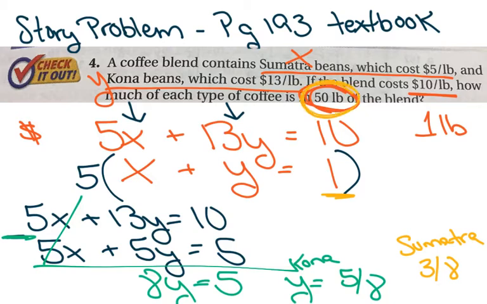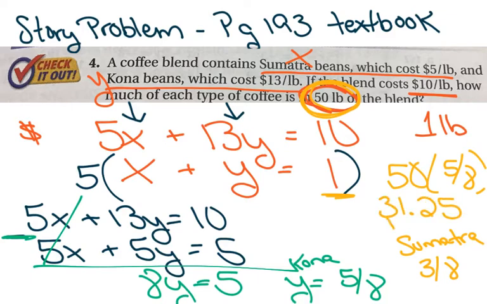This is talking about a 50-pound bag of coffee on here. So if we take our y and we need 50, what's 5/8 times 50? Well, that gives us 31.25 pounds. Okay, and again, this is our Kona.